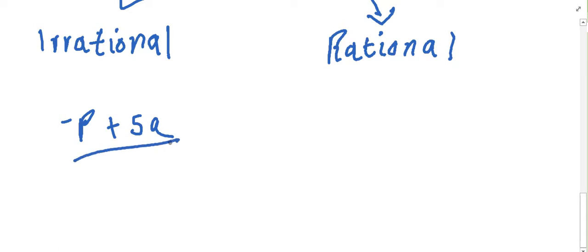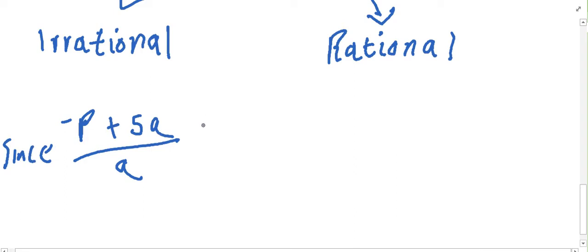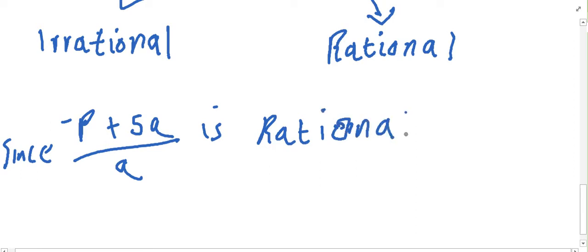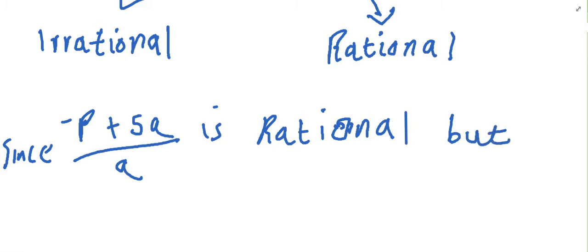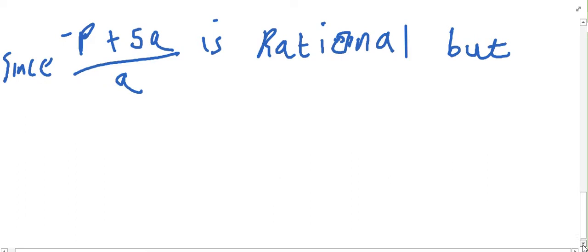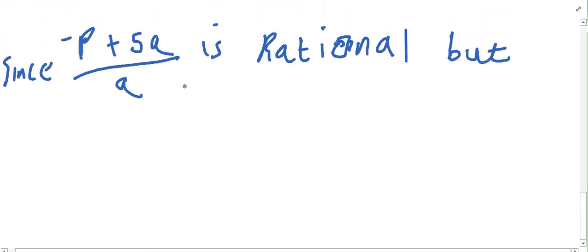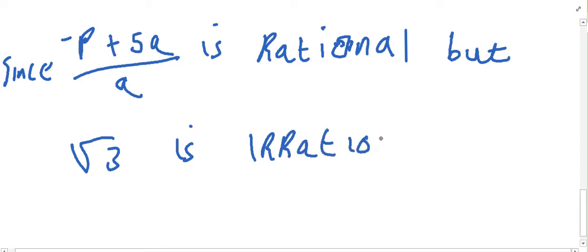Since negative p plus 5q over q is rational, but, please guys don't laugh at my handwriting, square root 3 is irrational.